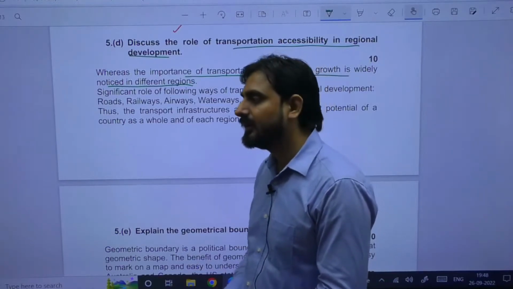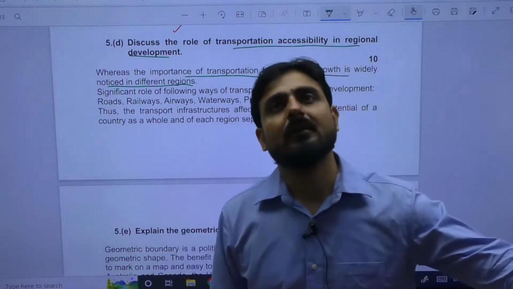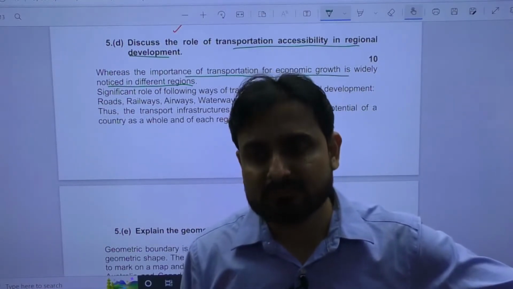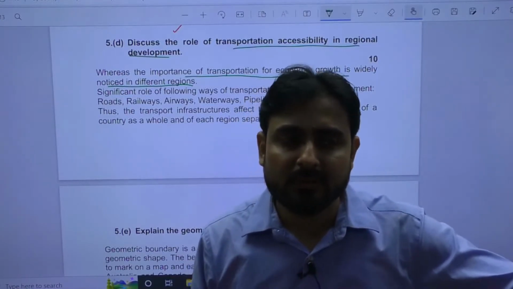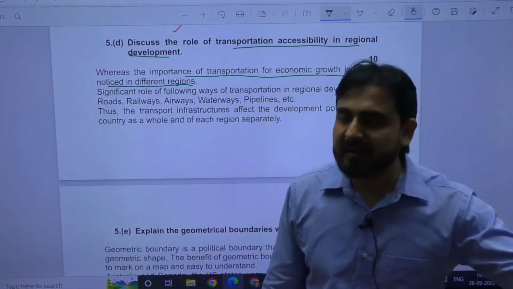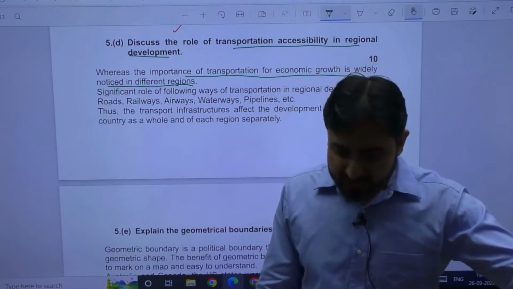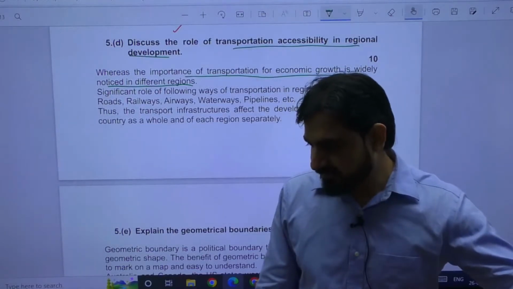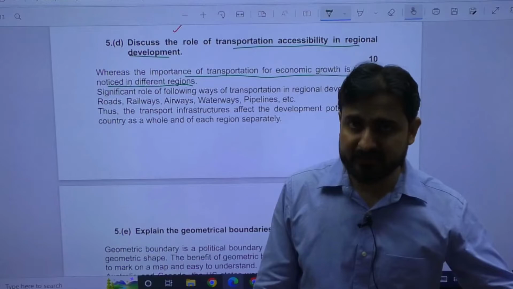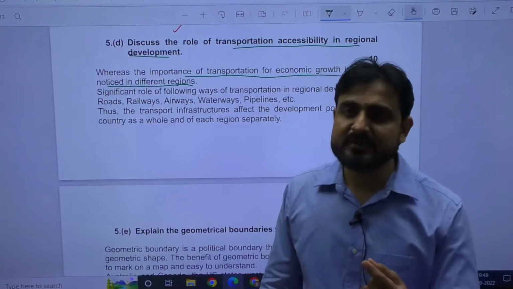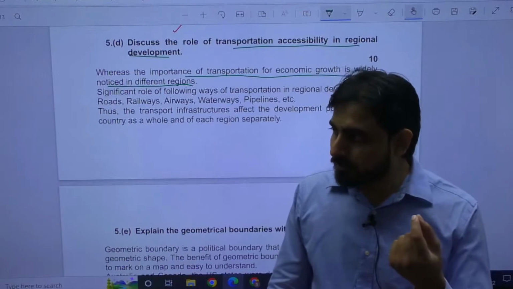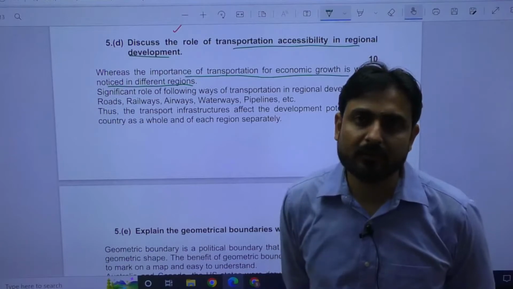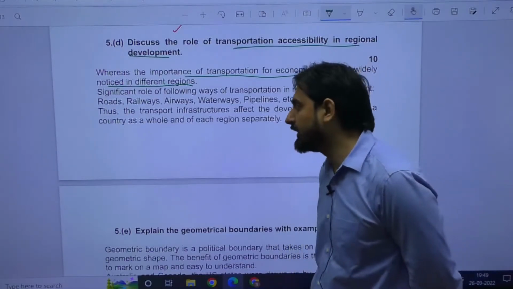We are noticing even very big exclusive economic zones and markets developed in those areas which have very good connectivity with the transportation facilities. Transportation also supports the development of factories, industries, firms and organizations. It is one of the big factors for development.